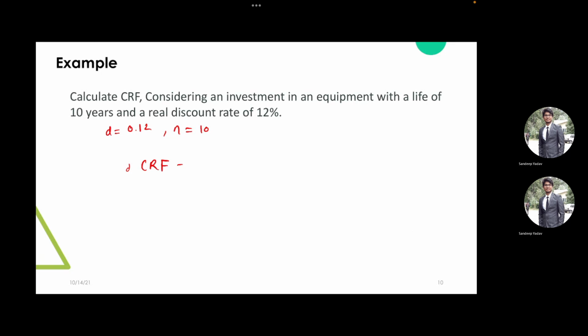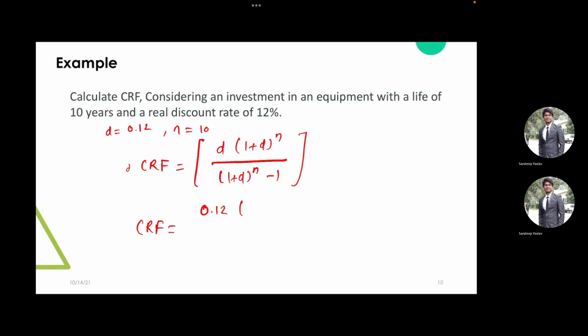From the CRF formula, D times (1 plus D) to the power N, divided by (1 plus D) to the power N minus 1, CRF will be 0.12 times 1.12 to the power 10, divided by 1.12 to the power 10 minus 1.